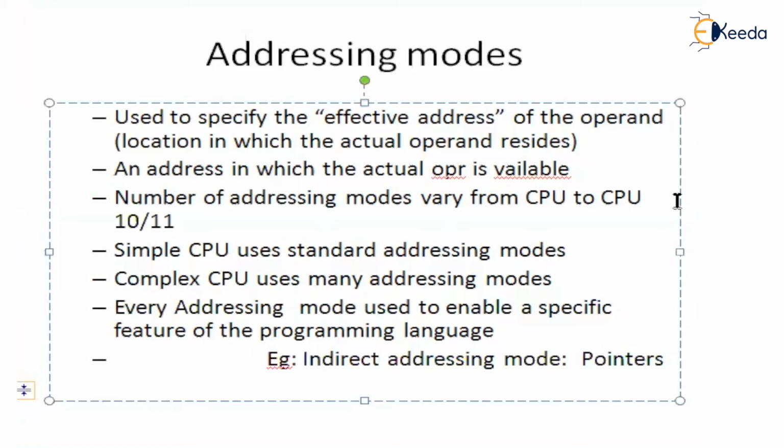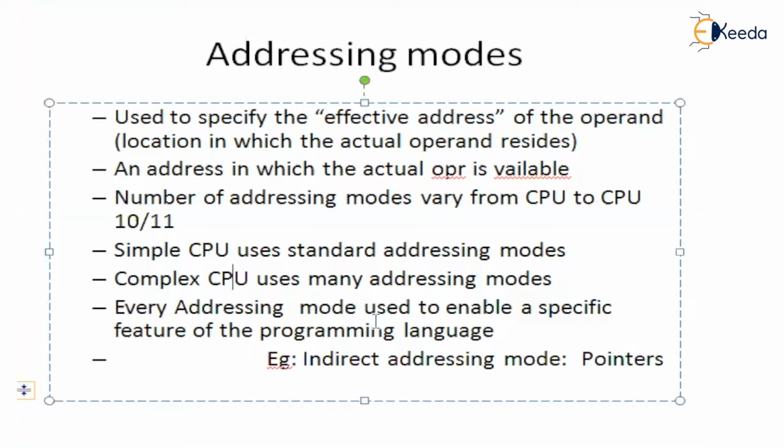If you can understand these addressing modes, the rest of the addressing modes in any other processor will be very simple to understand, because those additional addressing modes can be designed by using the addressing modes that we are designing. A simple CPU uses the standard addressing modes that we are designing. A complex CPU uses many addressing modes.